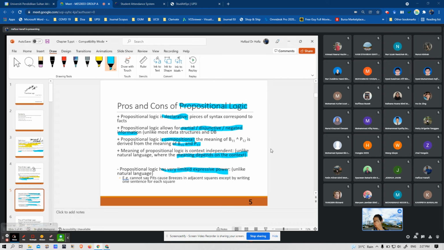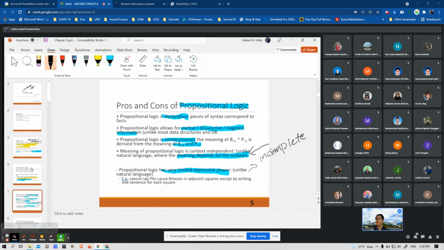If you compare with the natural languages, you have to have some context to explain or describe the logic.